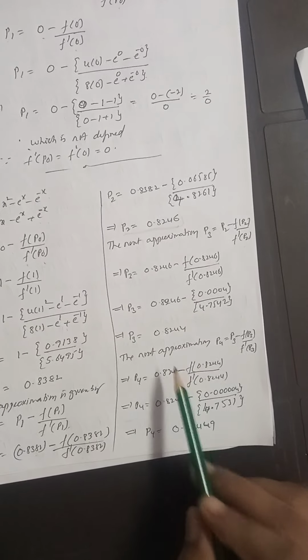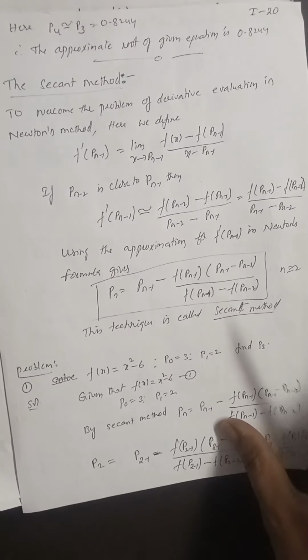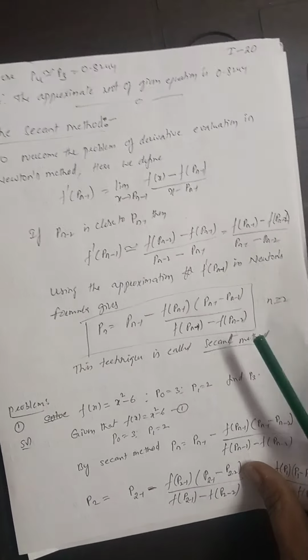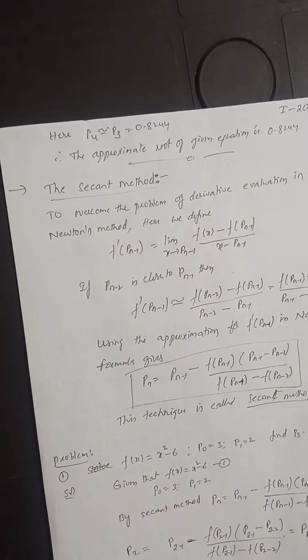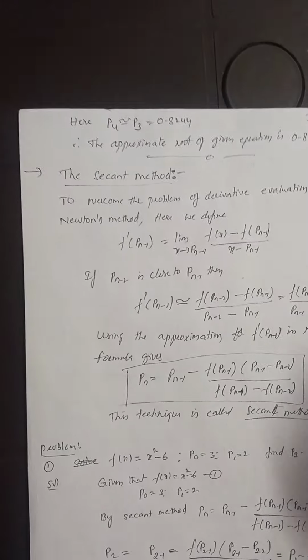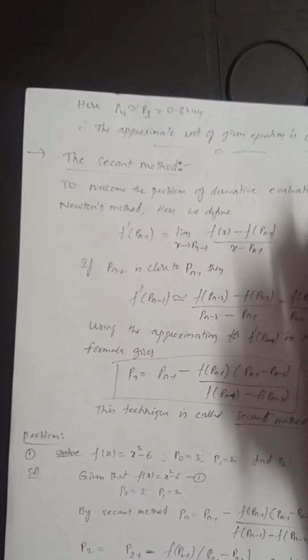Now in the last problem the same way we have to find P4 and also P5. Right? Now see here, after P4 I stopped the procedure because those two are identical up to 2 or 3 decimal places. Therefore the better approximate root of the given function is 0.8244. Sir, I want a better approximation. I don't want to stop at this stage.